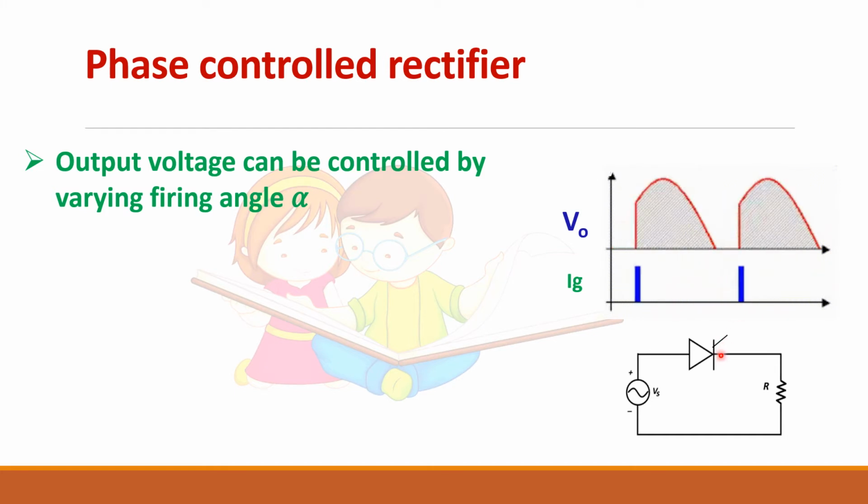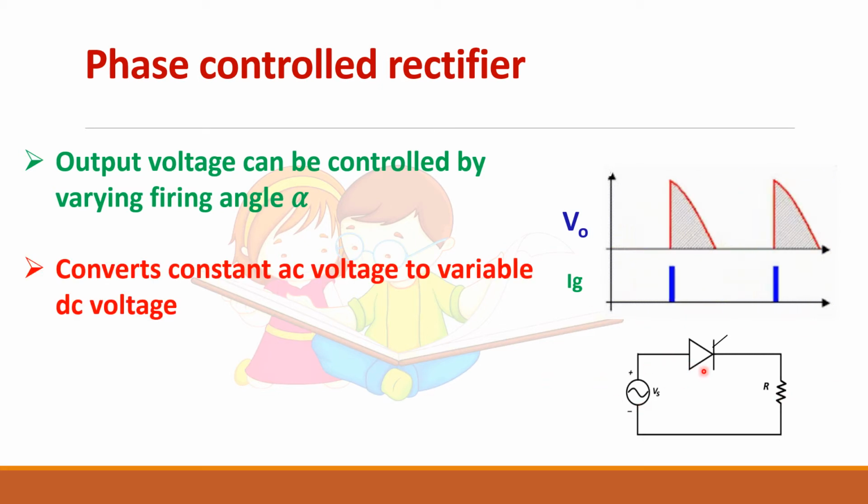So this can be given to this SCR gate. So once it is received, SCR will start conduction. So you can see from this waveform, as you delay this gate pulse, output will also get delayed. So if the waveform changes, average voltage will change. It means that output voltage magnitude will change.